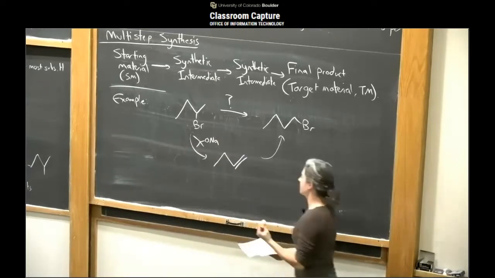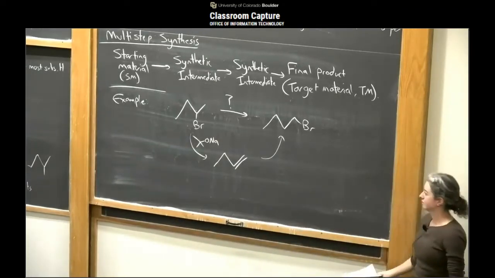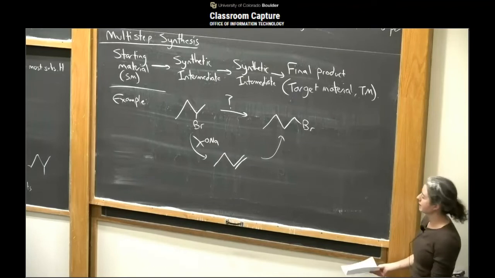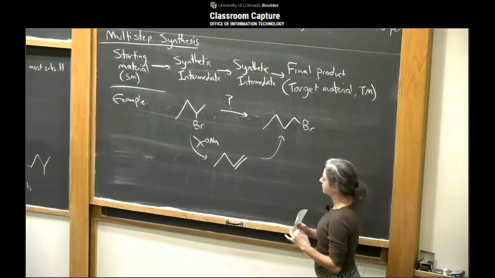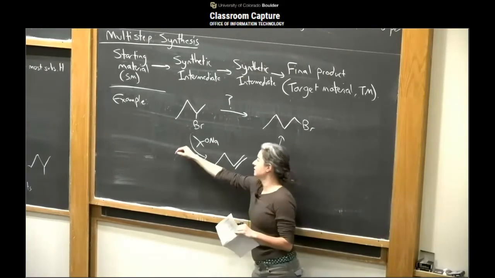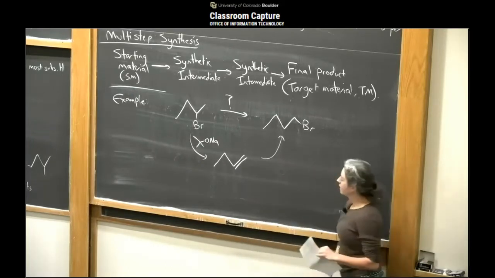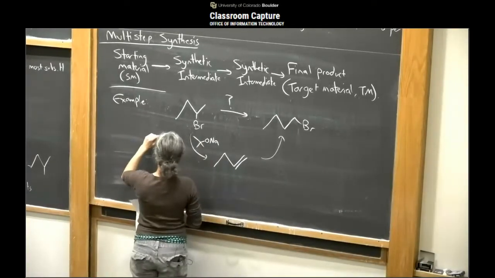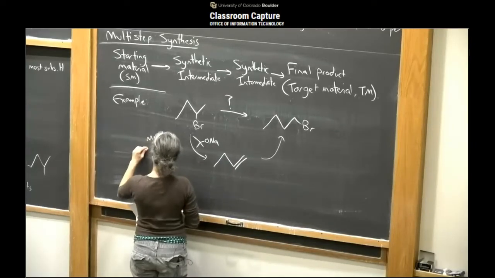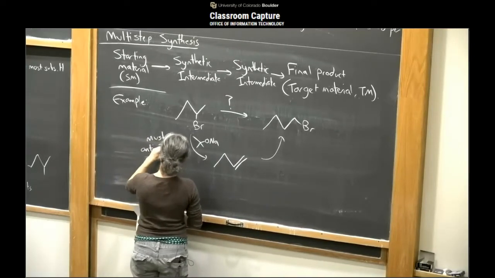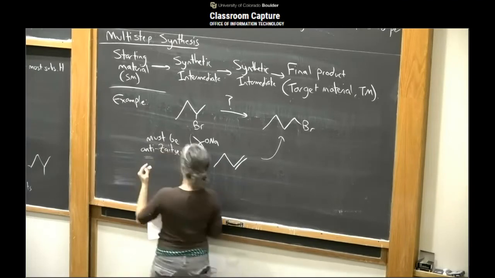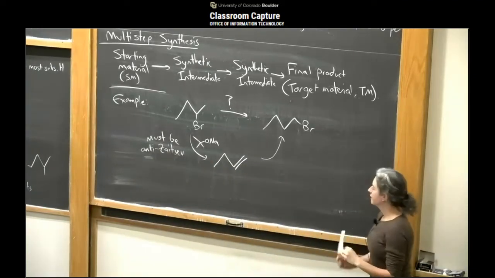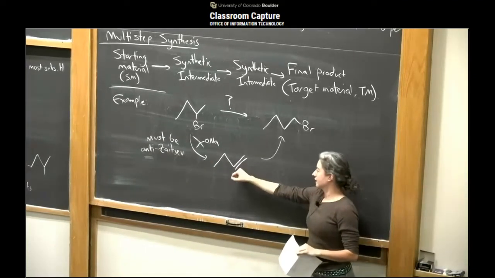A few different ways of writing that, but tert-butoxide or tBuO minus, or however you want to show it. If you want, you can include a solvent, but you don't have to. So just as a note here, must be anti-Zaitsev. And now we've got an alkene in the correct location.